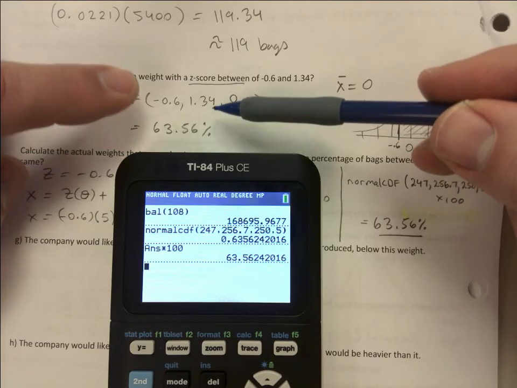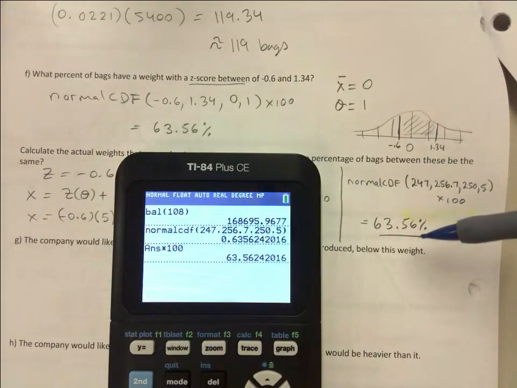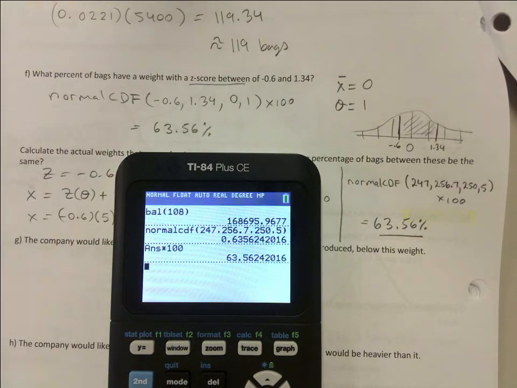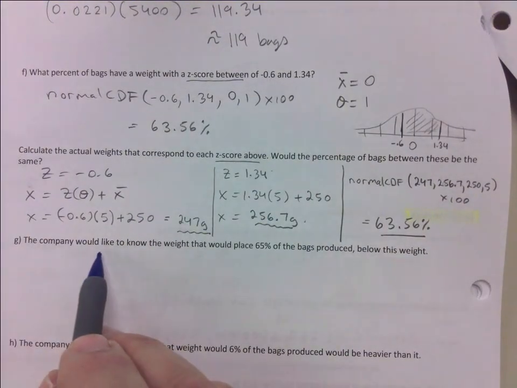So whether you use the z-scores or the actual scores, you're going to get the same percentage under the curve. You have to understand that every score has a z-score and every z-score has a score that associates with it.